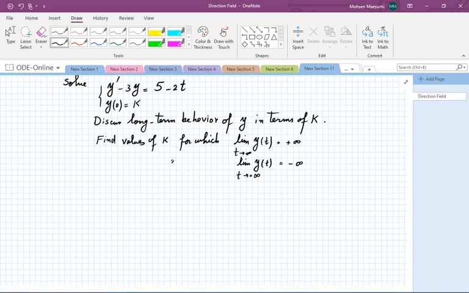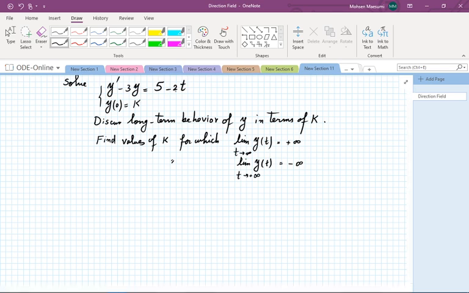Again, you can experimentally click and click and click until you figure out what k is. And the other way is to actually solve the problem if possible and then decide that way. Let's go and solve it. We look at this and say it falls in a certain category of equation we studied before.